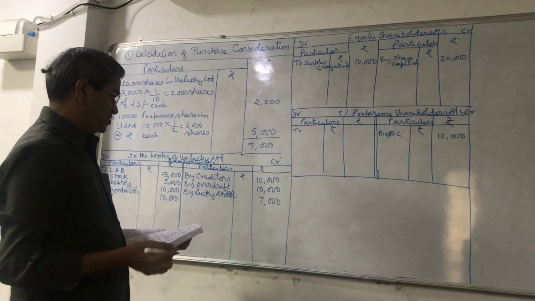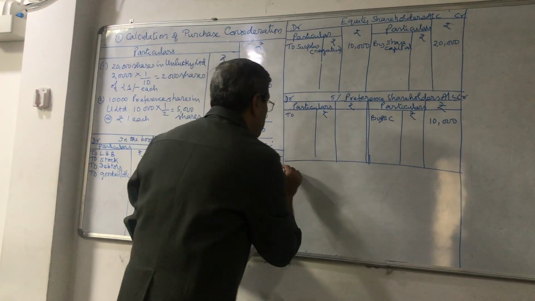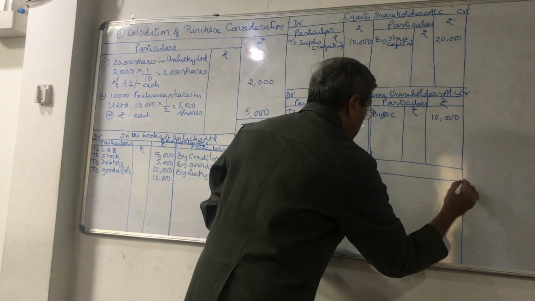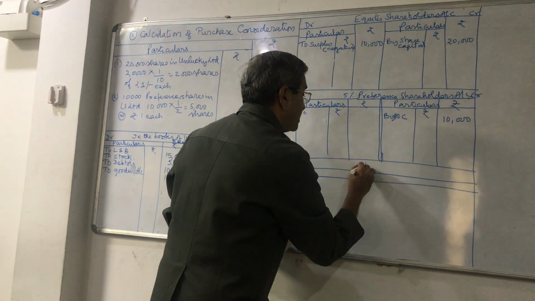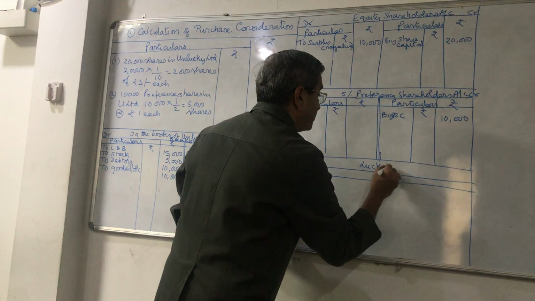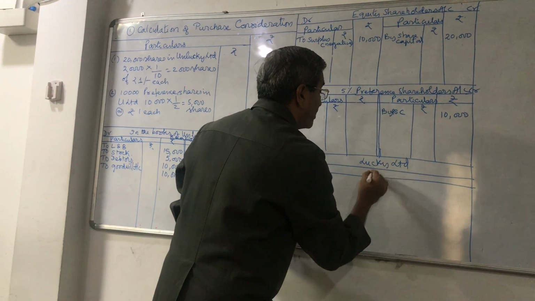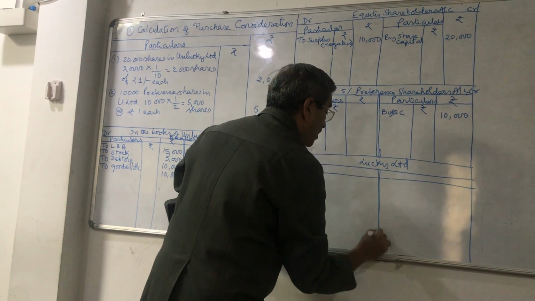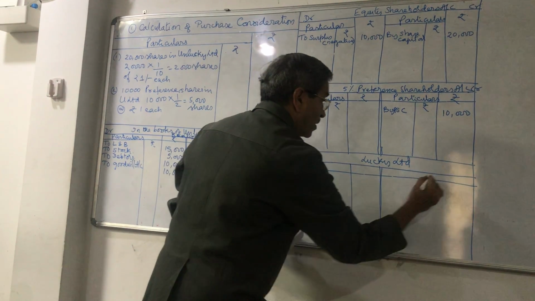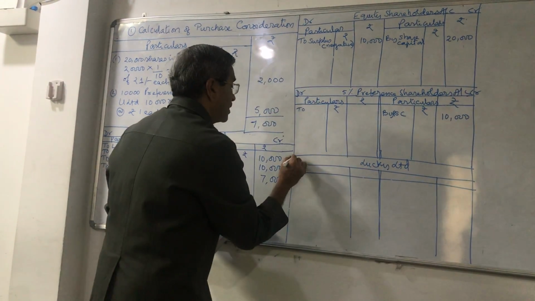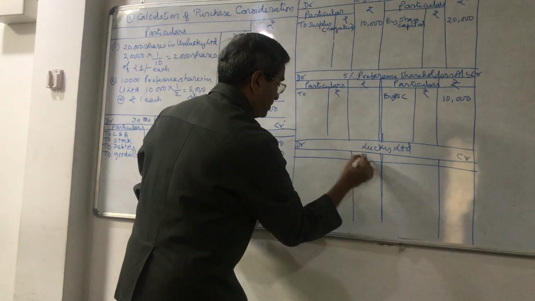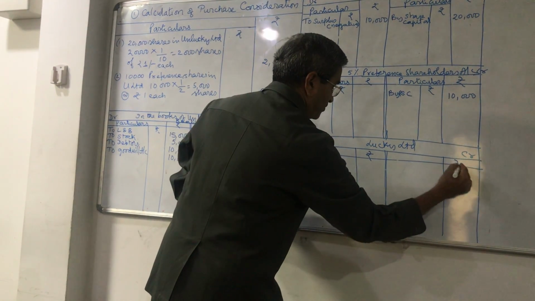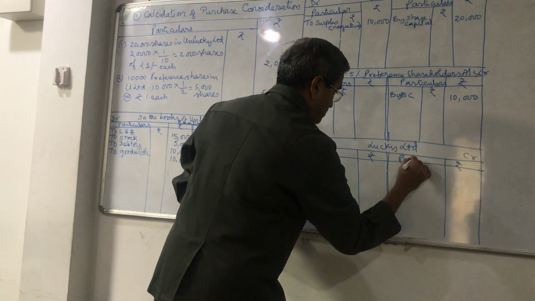If you draw the Lucky Limited account, you don't have to draw it because these three are important. But if you feel that you get confused, you can draw it and show it for your purpose. Lucky Limited, this is the purchasing company, with debtor, creditor, rupees, particulars.